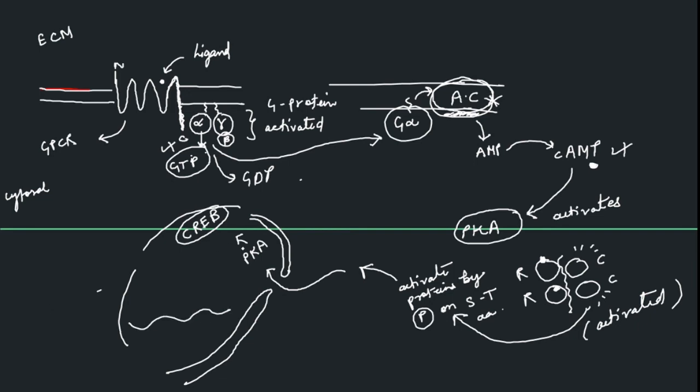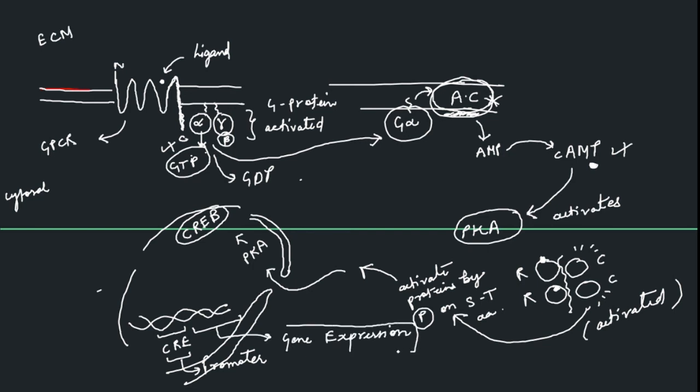So this will bind on the DNA which is present over here at the cyclic response element. It is a promoter sequence for the gene expression mediated by cyclic AMP, right?